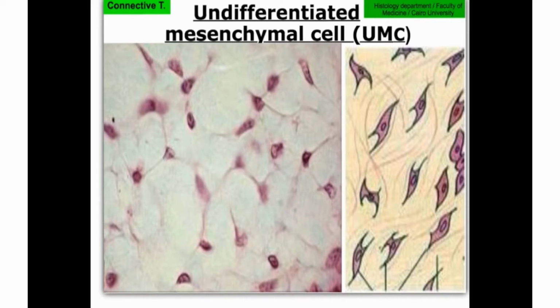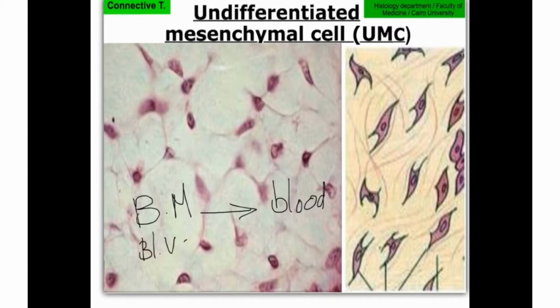These tissues are the bone marrow, to give blood cells, and also around blood vessels to give rise to a cell called pericyte.